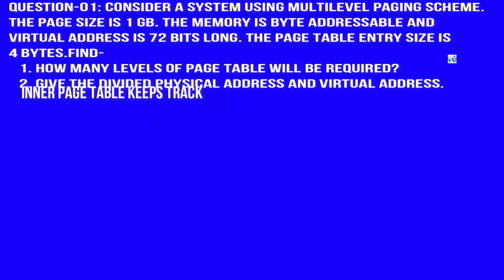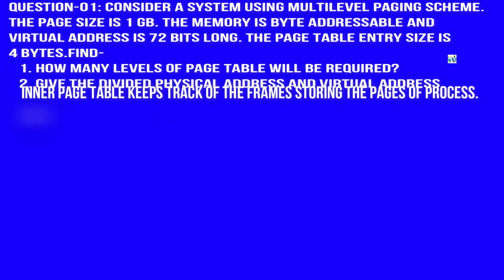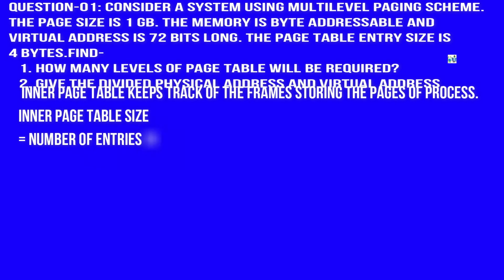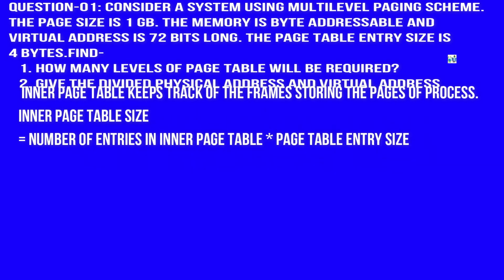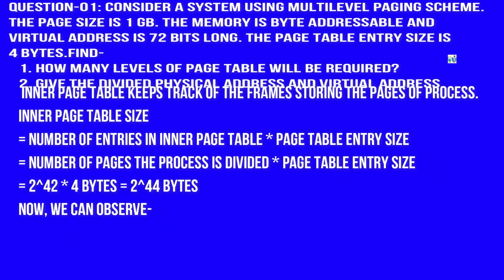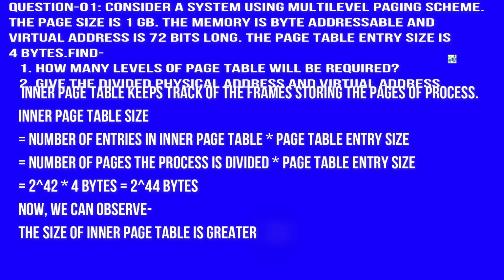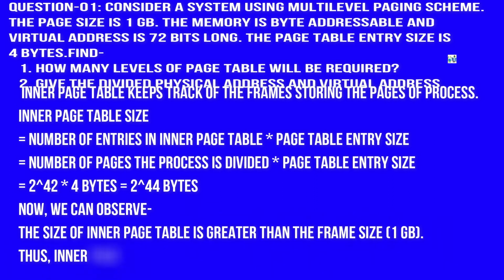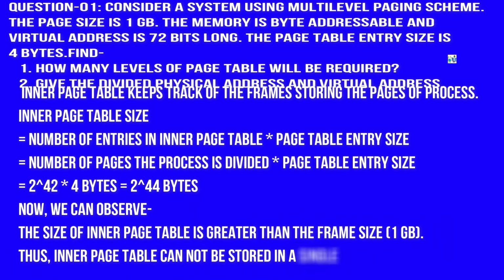Inner page table keeps track of the frames storing the pages of process. Inner page table size equals number of entries in inner page table times page table entry size. We know that number of entries in inner page table equals number of pages the process is divided into, times page table entry size.